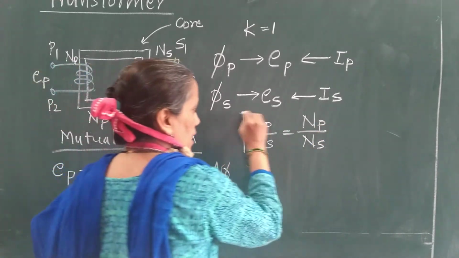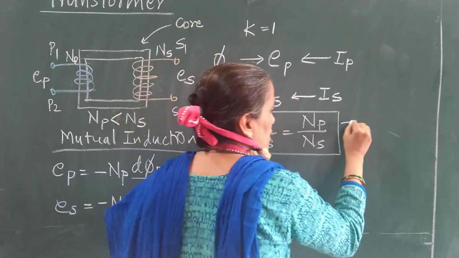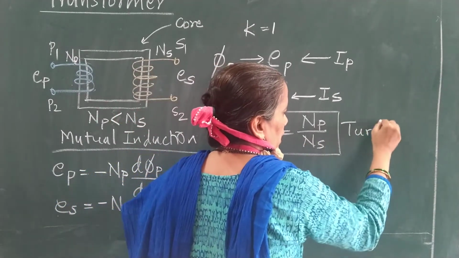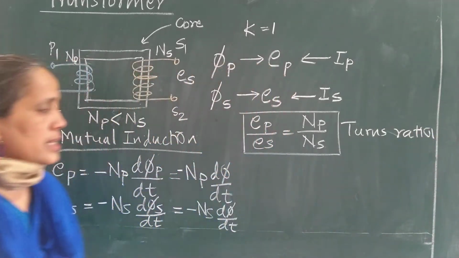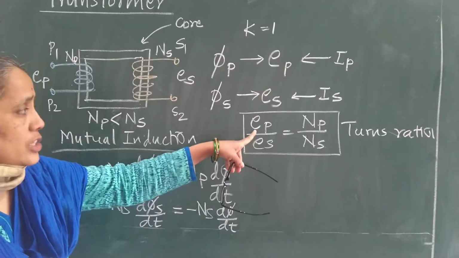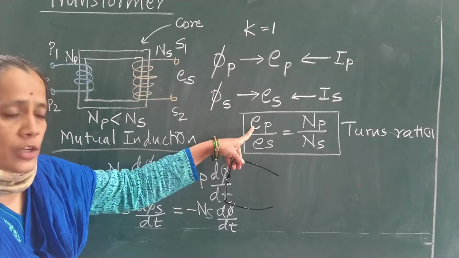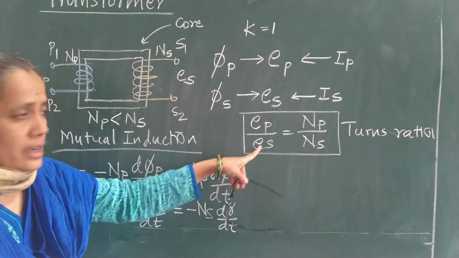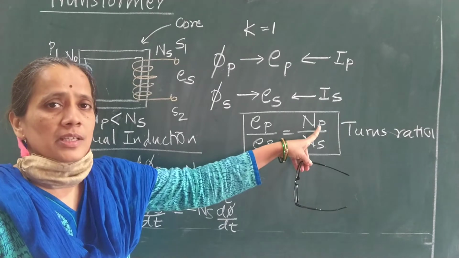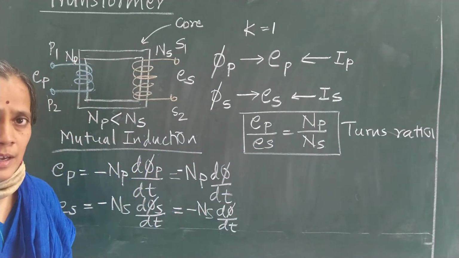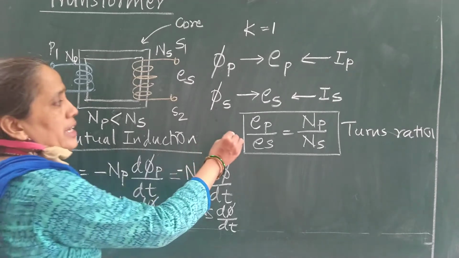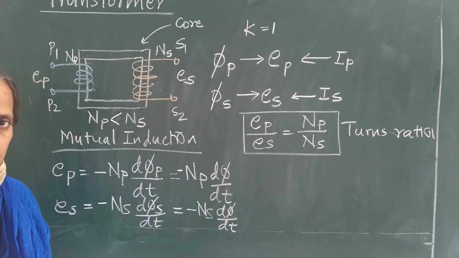This formula is called the turns ratio in the transformer. So the turns ratio is the relation between the EMF induced in primary to secondary, which is equal to the number of turns in primary to secondary. Clear? So this is the basic idea of the transformer.